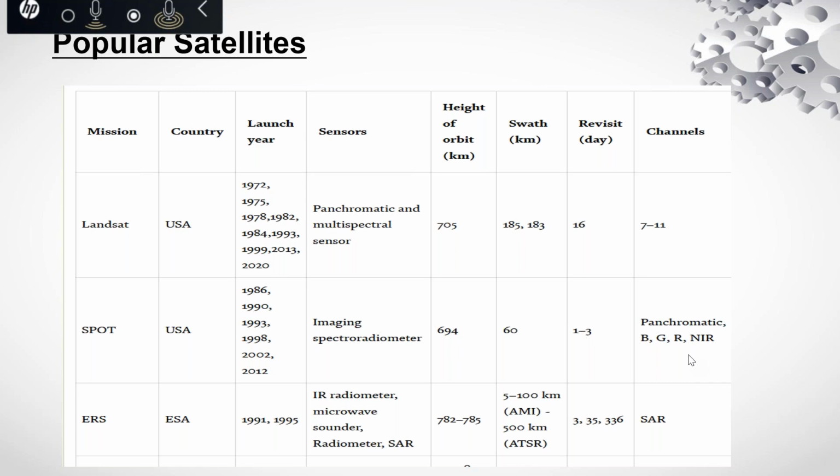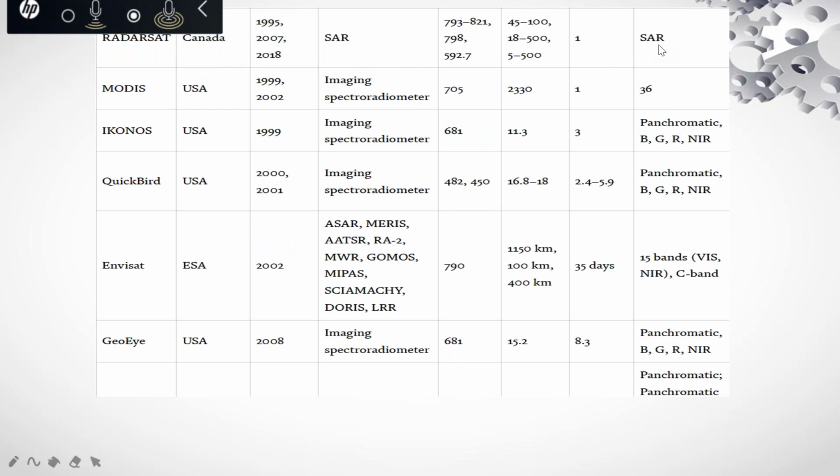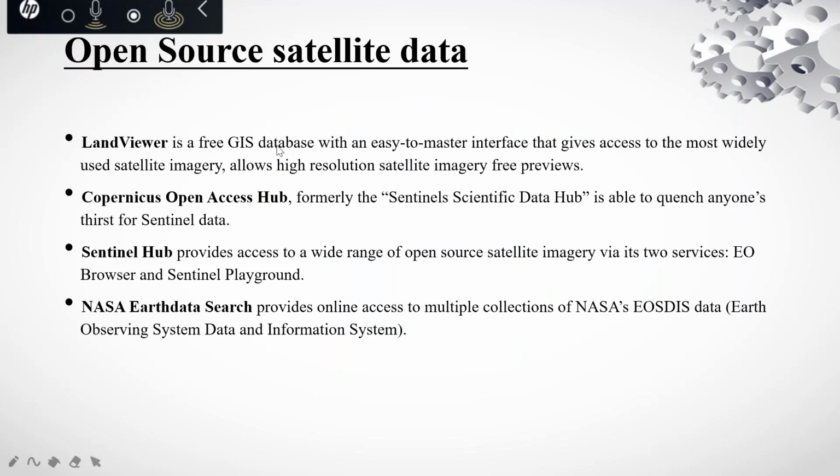Next, we have RADARSAT, which was developed by Canada. Next, we have MODIS, which was developed by USA. So these are the different types of bands used by the cameras to generate images. These are some of the data which we can use to analyze the images for various purposes.